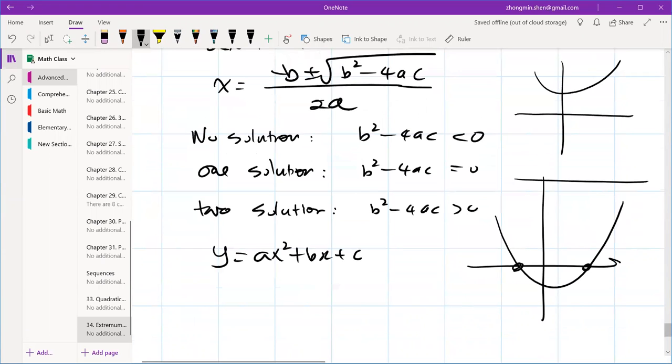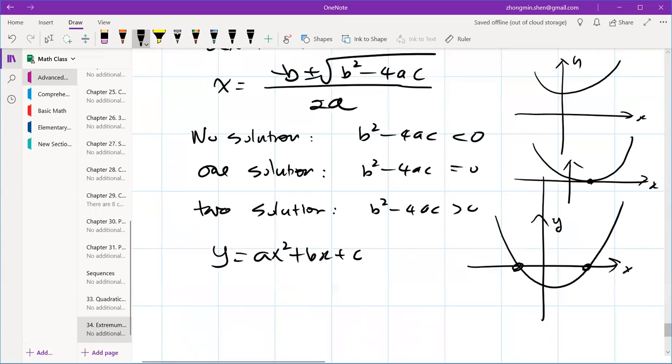And here you have exactly one intersection point. There are three possible cases here, so you just need to look at the coefficients and you can tell.